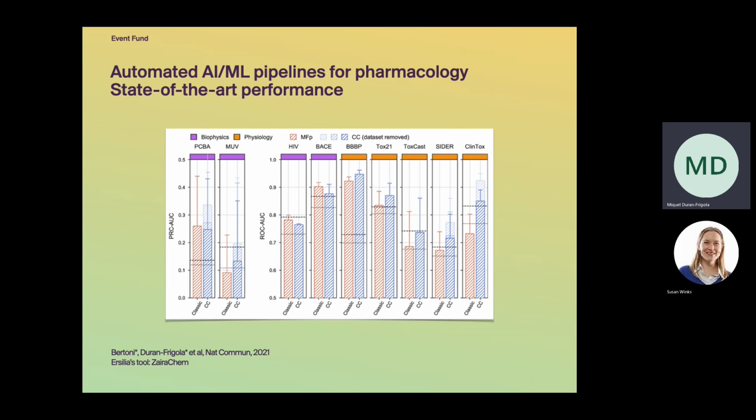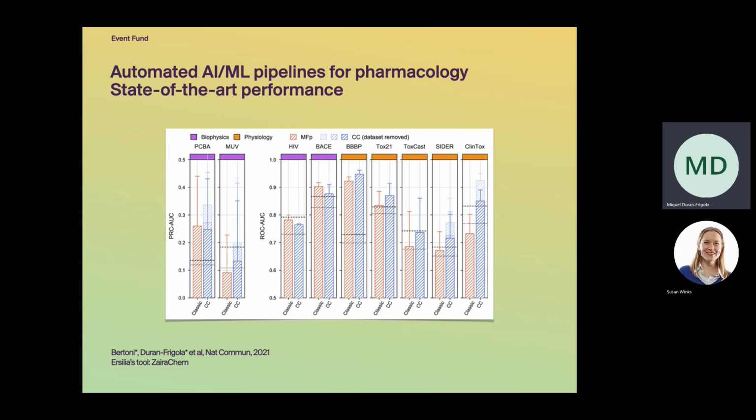But at Ercilia, we've been developing some tools together with Jason to make this procedure very automatic. And it works pretty well, I have to say. So here, I'm just showing a benchmark across different tasks. Some tasks are more biophysical, like interaction between different targets, or to base, which is a protein, or even to the HIV virus.